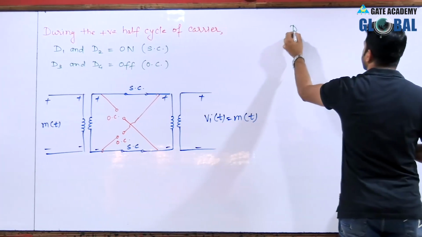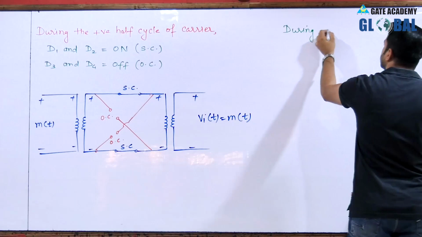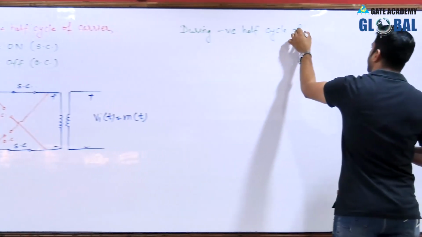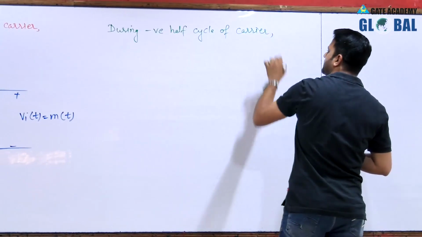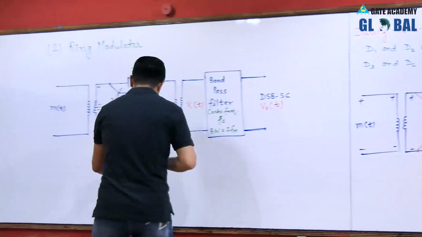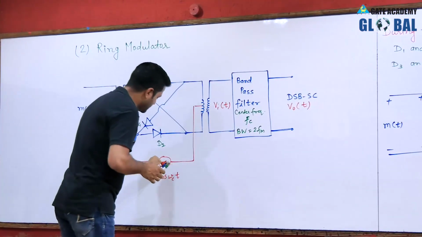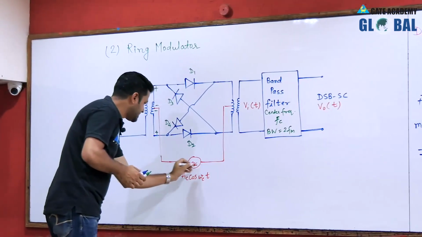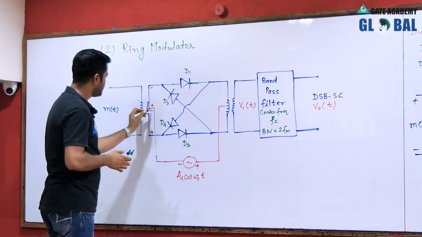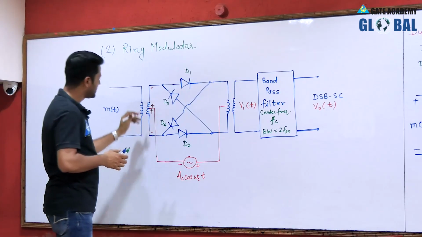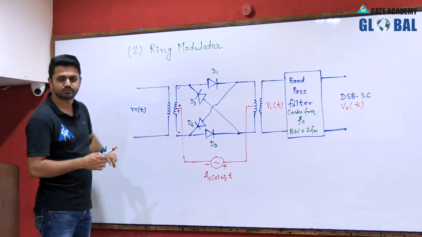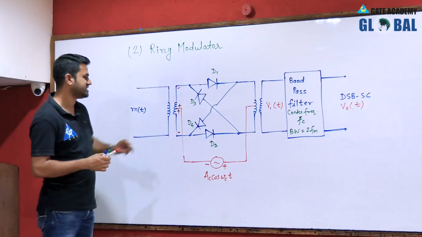Now, during the negative half cycle, how can we assign the polarity? During the negative half cycle, this is minus and this is plus, so there is a 180 degree phase shift, this is just inverted.